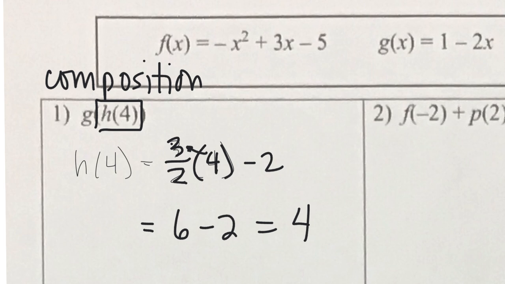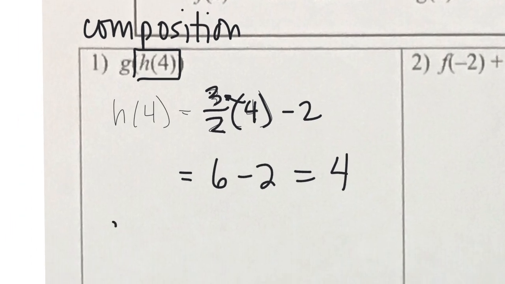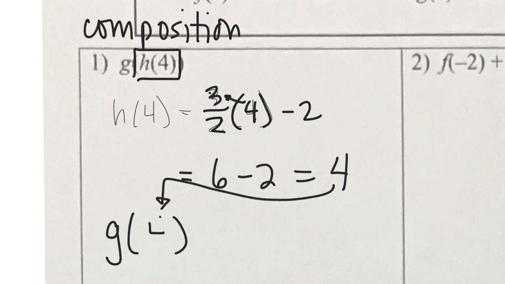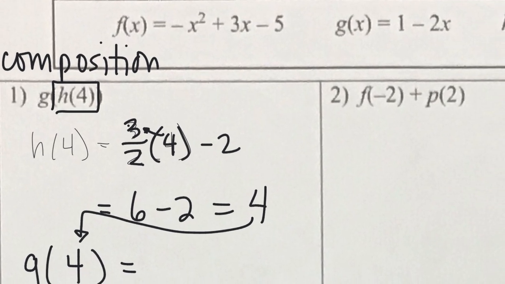Okay, now I know it's the exact same number that we started with, but now we're going to plug that number into your g function. Okay, so whatever the y value is from h, you're going to take that and plug it into your g function, similarly to what we were doing yesterday with our tables.